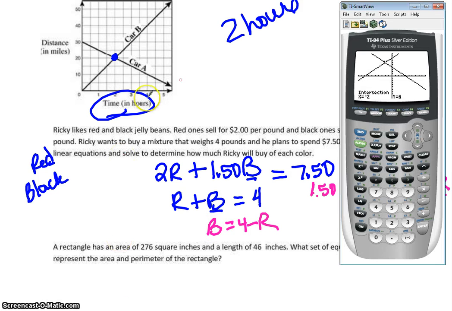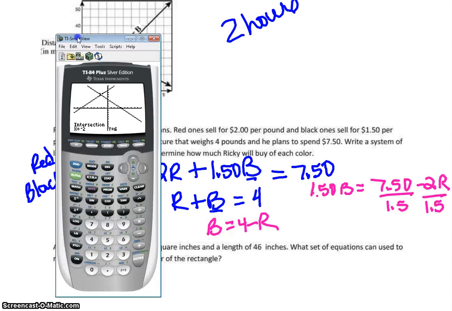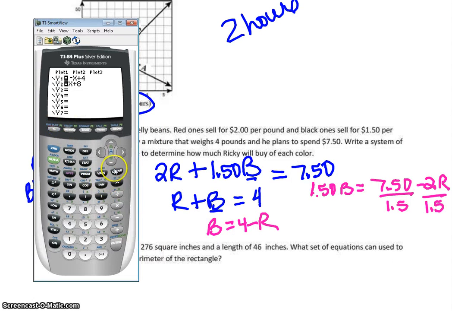And so you're going to take that to your calculator and put it in at y1 and y2. So go to y1 and clear everything out. And at y1, you have 7.5 divided by 1.5 minus 2x divided by 1.5. And at y2, you have 4 minus x.